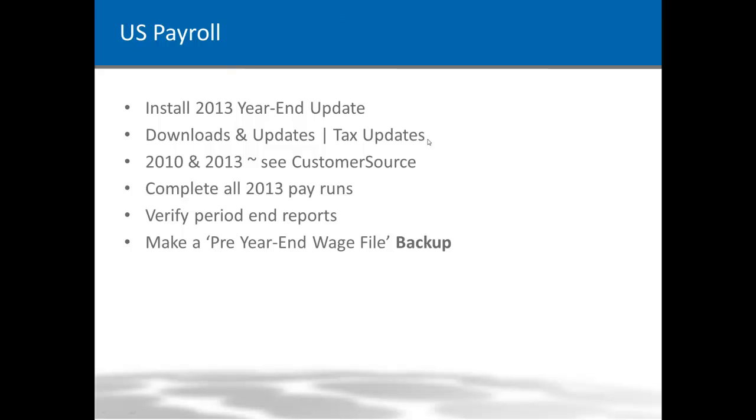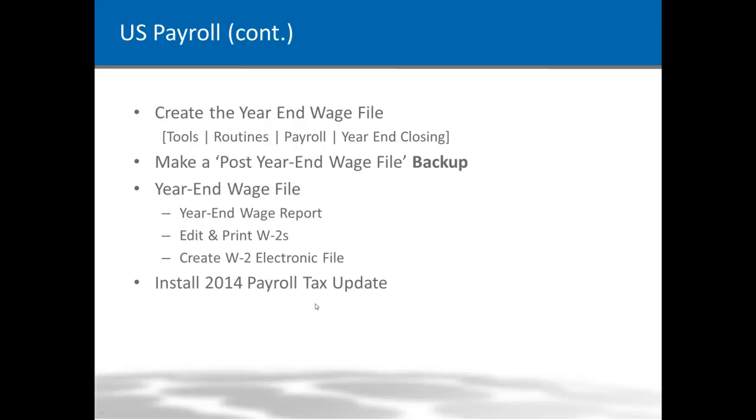For U.S. payroll, the checklist is to install the 2013 year-end update, and download and update tax updates. For 2010 and 2013, you can find these at Customer Source. You're going to complete all your 2013 pay runs, verify your period-end reports, and make a pre-year-end wage file backup.